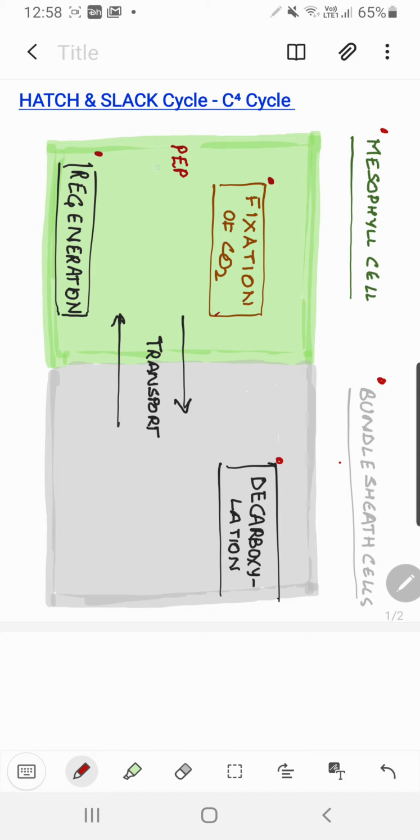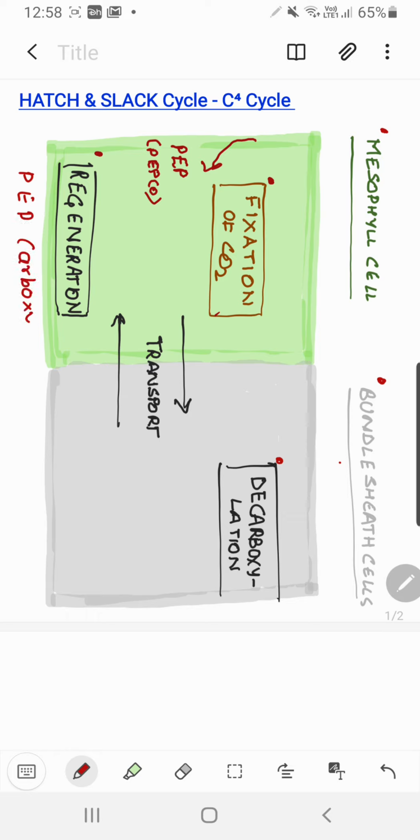This phosphoenol pyruvate will be fixing atmospheric CO2. You can see the block here, and the enzyme working for this is not Rubisco; it is PEPCO, a PEP carboxylase. You can write it here.